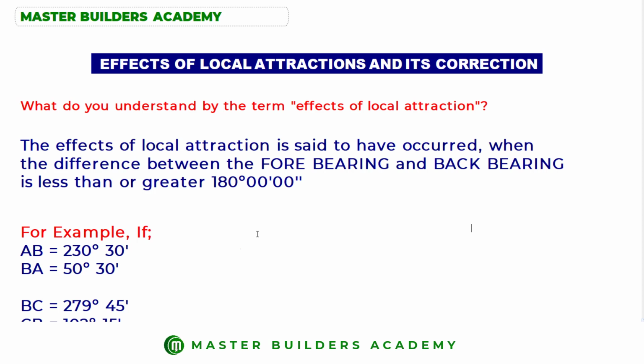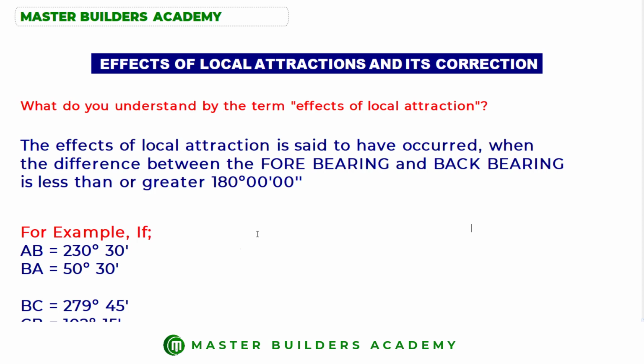But when you perform this computation and you find out that what you obtained is less than 180 degrees, 0 minutes, 0 seconds, it shows that there is an effect of local attraction.